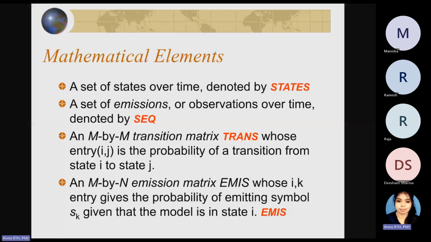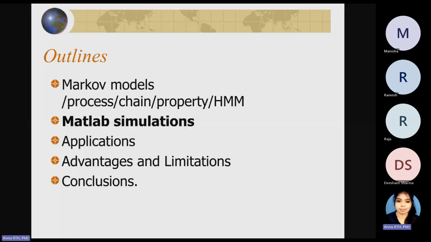Please try to observe this, like what I'm trying to say here. So this is an M by N emission matrix, whose ik entry gives the probability of emitting the symbol Sk given the model is in state i. That is correct. I hope you all understood.